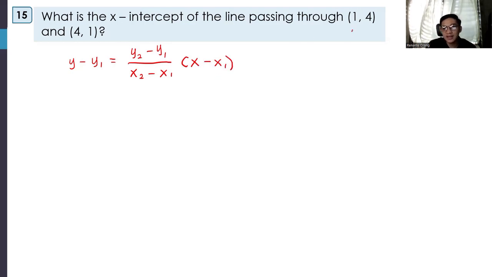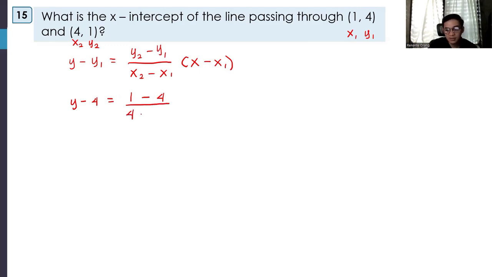So designate natin class, this will be our x sub 1, y sub 1. This would be our x sub 2, y sub 2, and substitute. Y minus 4 is equivalent to 1 minus 4 divided by 4 minus 1. Then, x minus 1.